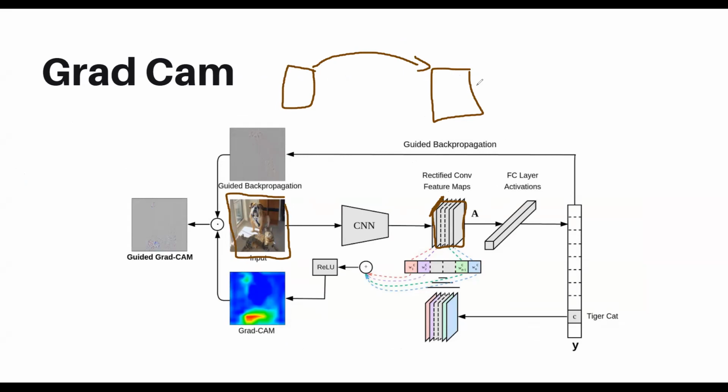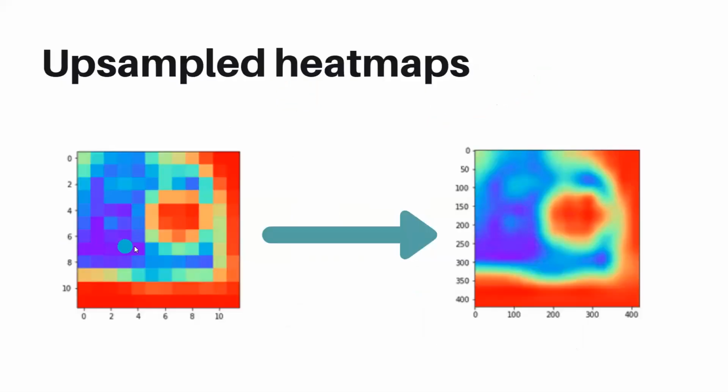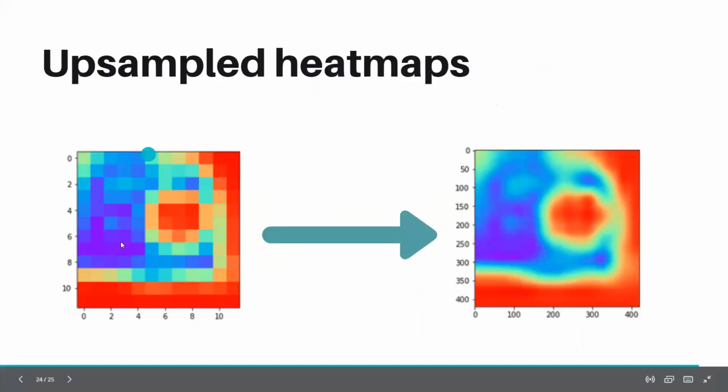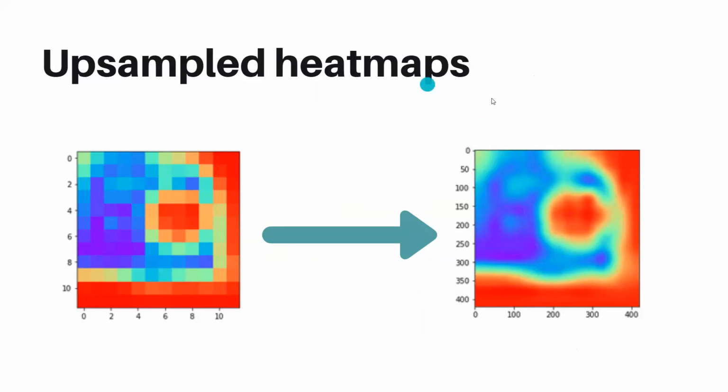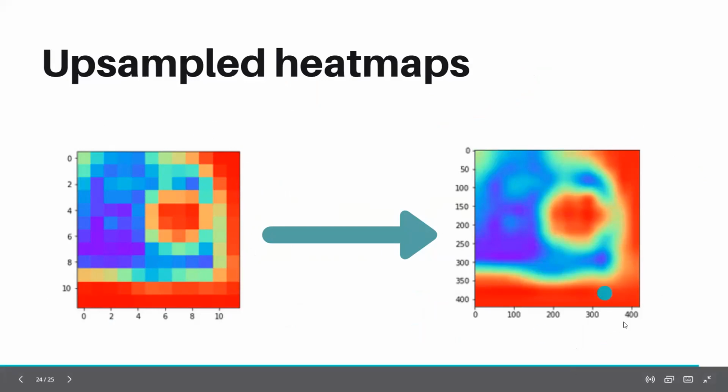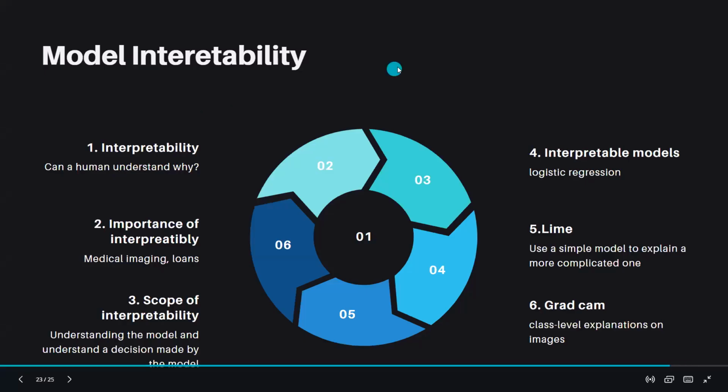This can be solved simply by upsampling this feature map to the same size as the original image. There we go. This is what our heat map would look like for the dog previously. And then we just upsample it to look something like this. And that's it. This is the method. It's a pretty simple method, as you can see. Anybody has any questions about GradCam?